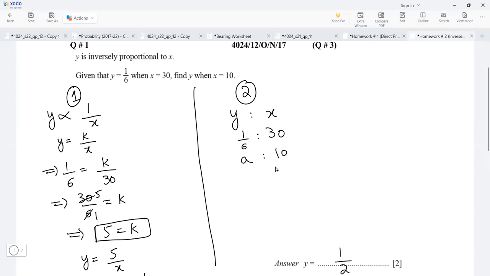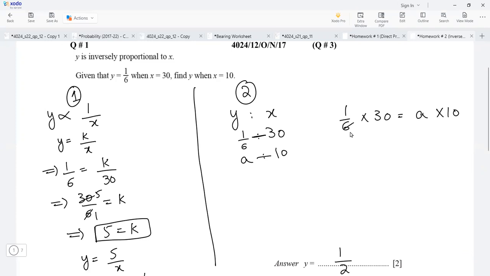In direct proportion, we cross multiply, but in inverse proportion, we multiply the numbers written in front of each other and put an equal sign: 1 over 6 times 30 equals a times 10.